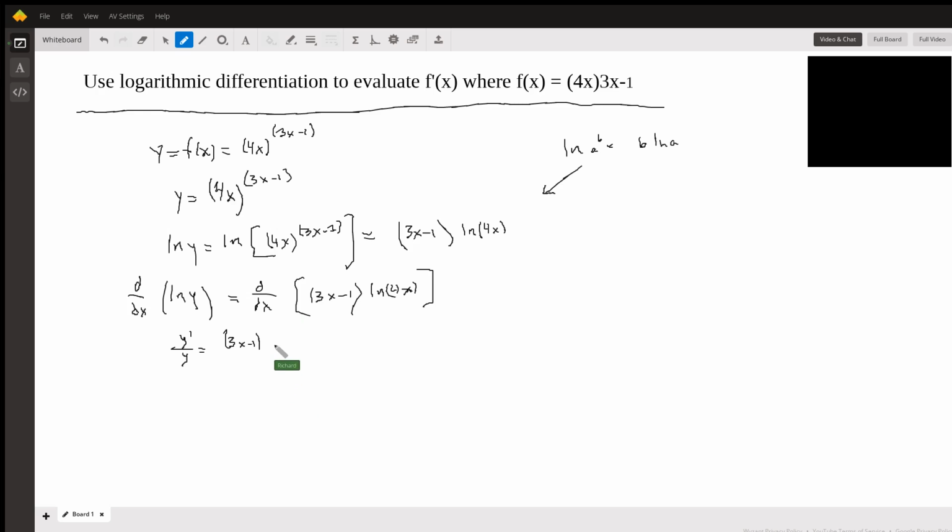It's going to be 1 over 4x times 4. So we're going to have that. So that's the first times the derivative of the second plus the second times the derivative of the first, which is just 3.